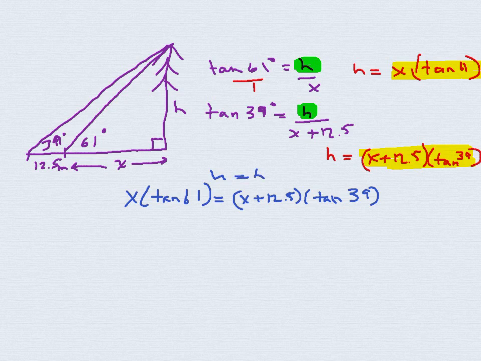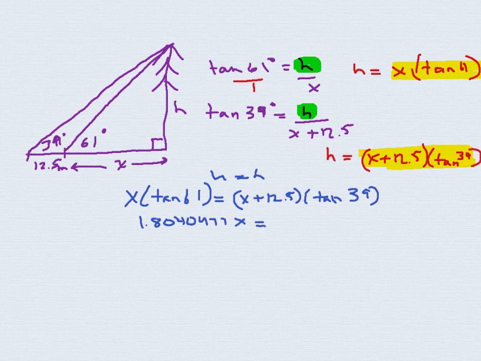This is where the algebra comes in. The tan of 61 is going to equal, use your calculator, 1.804. Use a couple more digits to keep the rounding, 0.0477 times x.